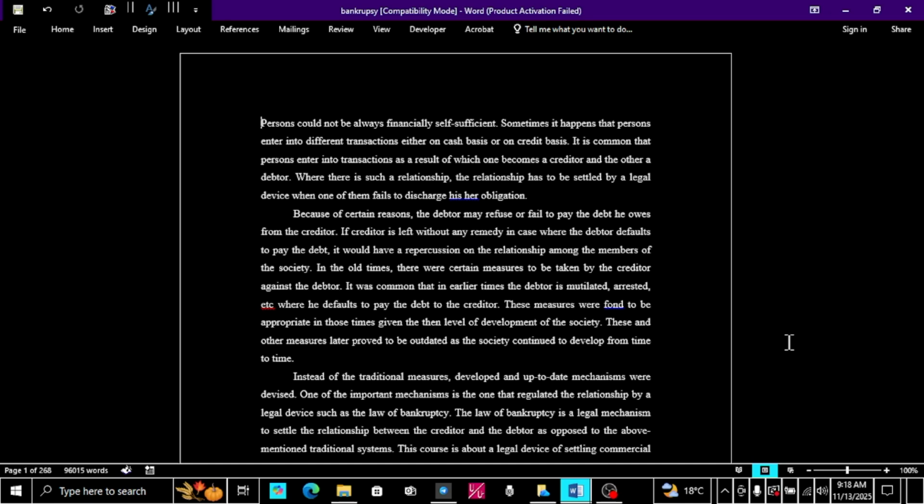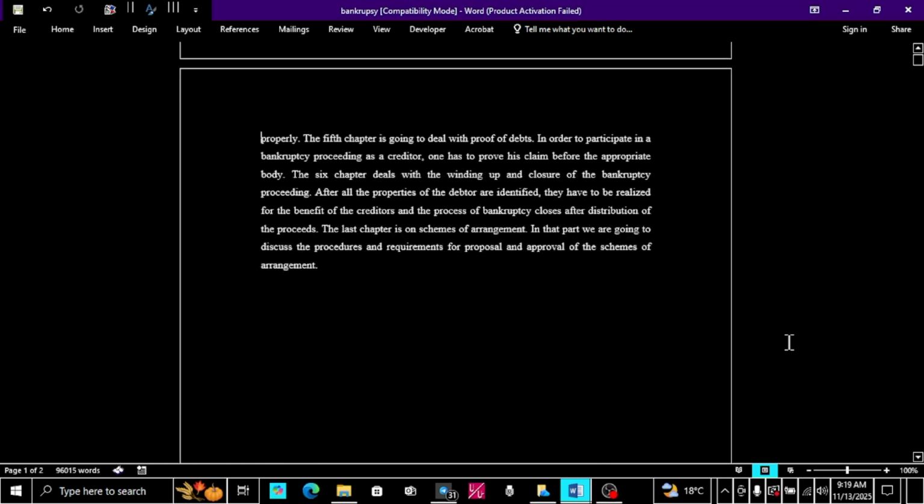Control page down takes us to the next page, whereas Control page up takes us to the previous page. Let's try it. Let's press Control plus page down. Page 2. Yeah, it said page 2.